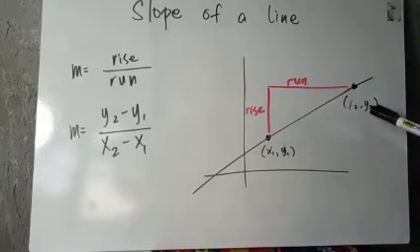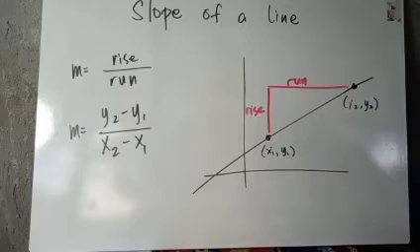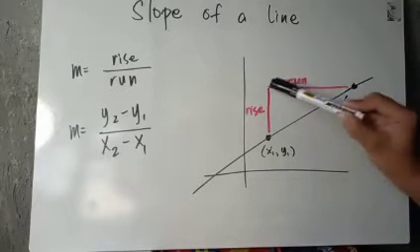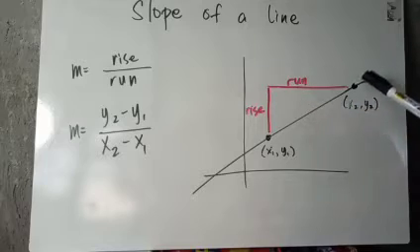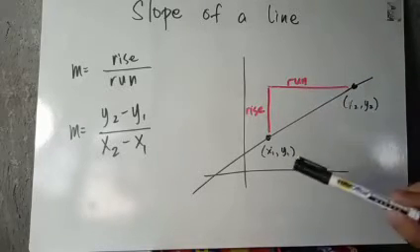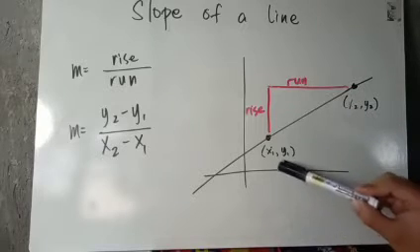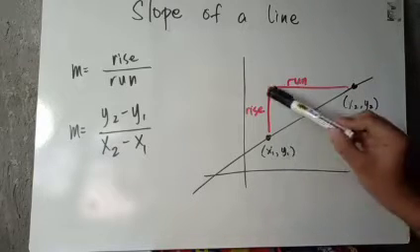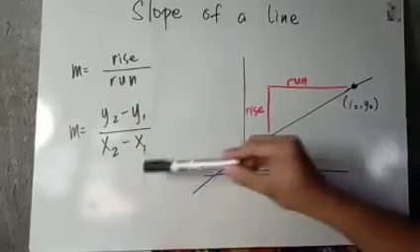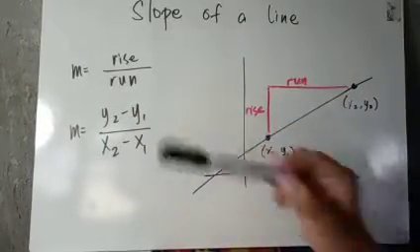Sa run naman, x coordinates lang ang nagkaiba, so you just subtract the x coordinates: x sub 2 minus x sub 1. So this is the formula for finding the slope using 2 points.